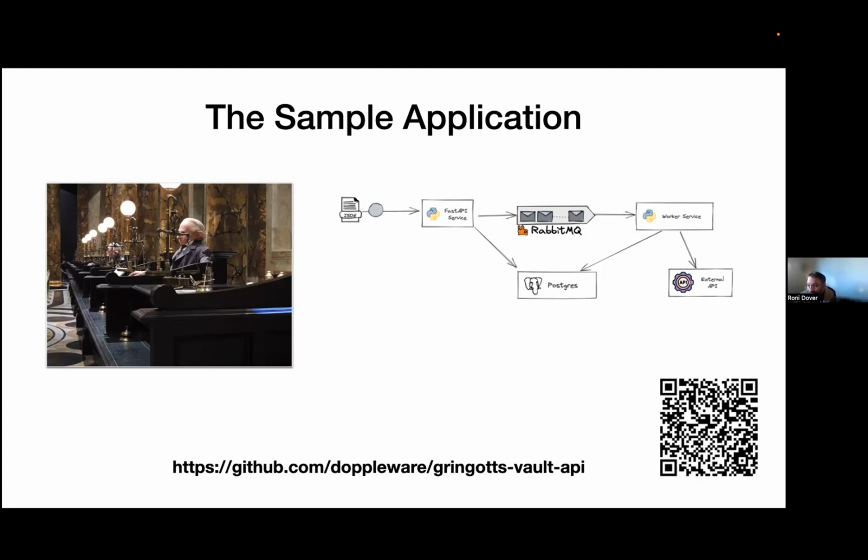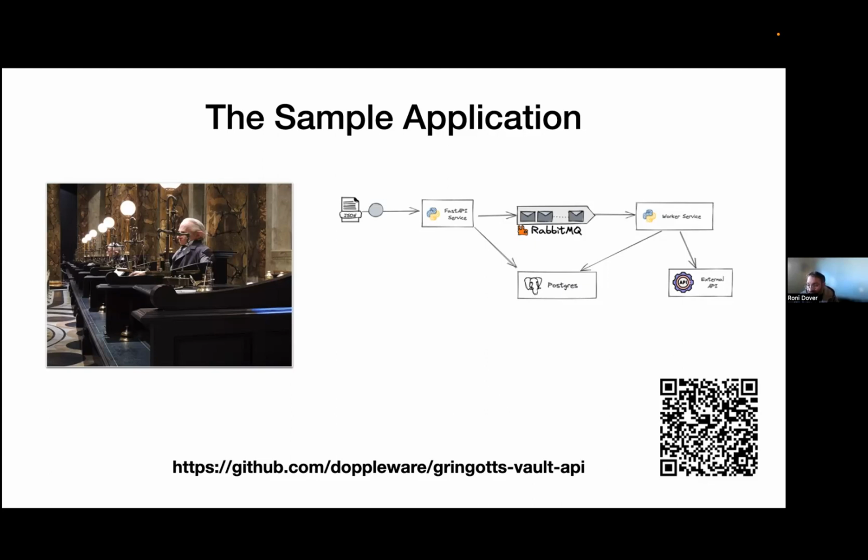So I created a sample application to illustrate it, as I was watching the Harry Potter movies at the time with my kids. I decided to create an API for the Gringotts vaults, which, why not? And do all sorts of domain logic around converting between different currencies, or doing valuations of the different vaults.